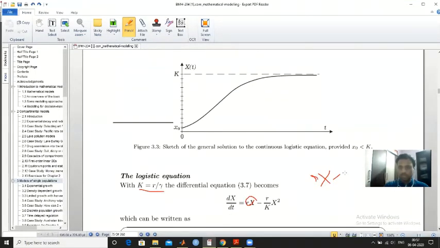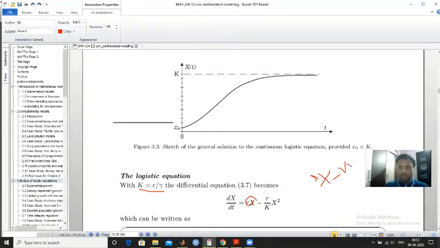If you take Rx common, then it will become 1 minus gamma by R multiplied by x.